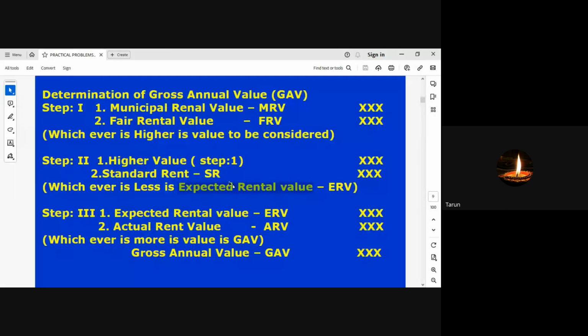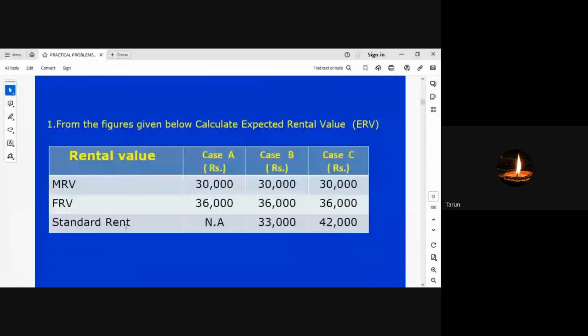While calculating the reasonable expected rent, these three items must be available: municipal rental value, fair rental value and standard rent. If the standard rent is not available, the expected reasonable rent can still be calculated, as in case one where standard rent is not given.